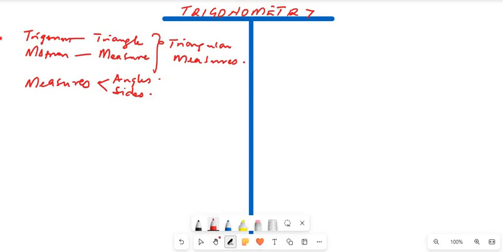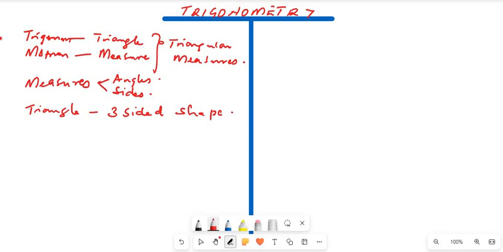Now that we know what trigonometry means, can we try to also remind ourselves about what a triangle is? A triangle is basically a three-sided shape.